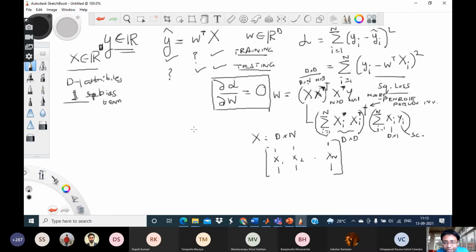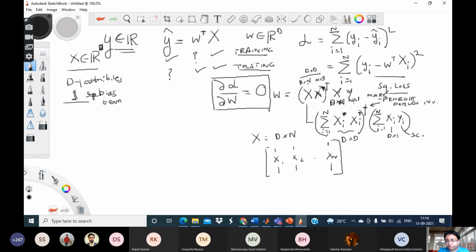So what do we do? We write it in a slightly different way, where we permute this so that it becomes d cross 1. Let us write it as X, which is d cross n. Instead of X transpose, let me write it as X. Then X becomes d cross n, and y is of course n cross 1, so I can do the multiplication.